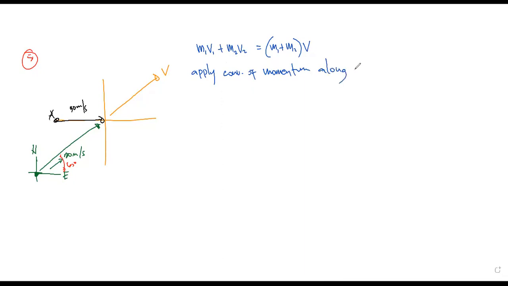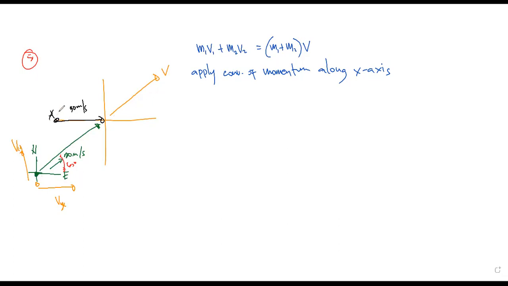So we do it first along the x-axis. Therefore, we break down the components for the truck. So this should be the velocity of the truck along the x-axis, and also this would be the velocity of the truck along the y-axis.